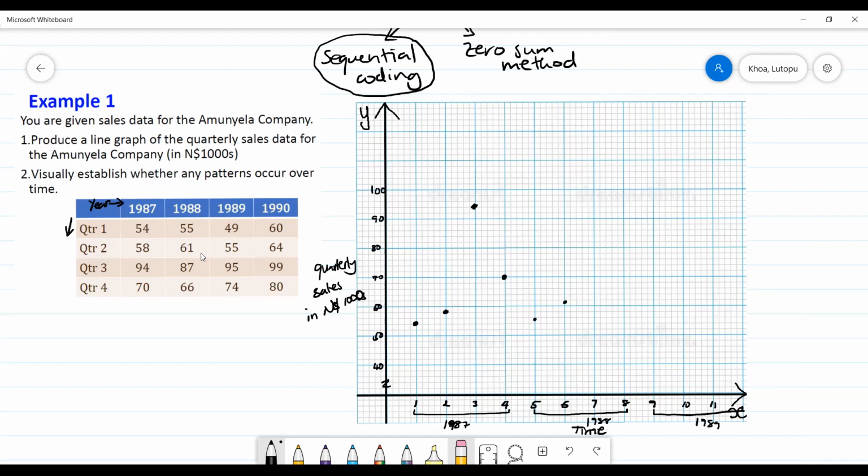Sorry, seventh quarter, we have 87. The 8th quarter, we have 66. Then we have the 9th quarter, which is this one here, 49.